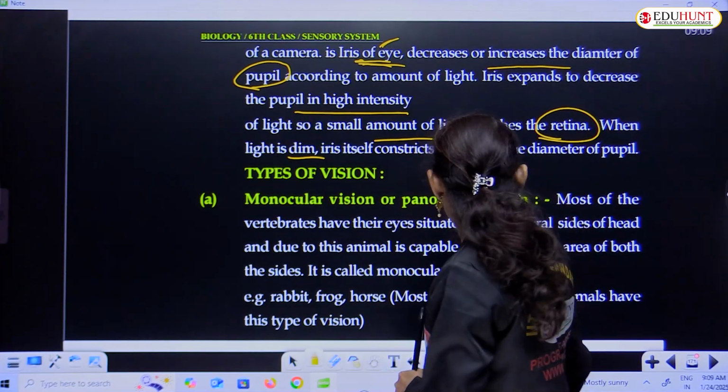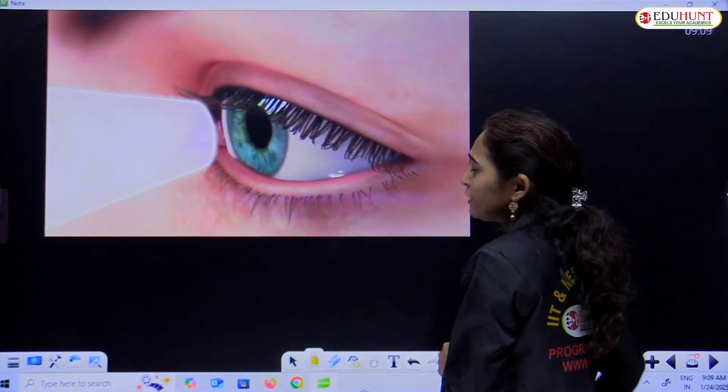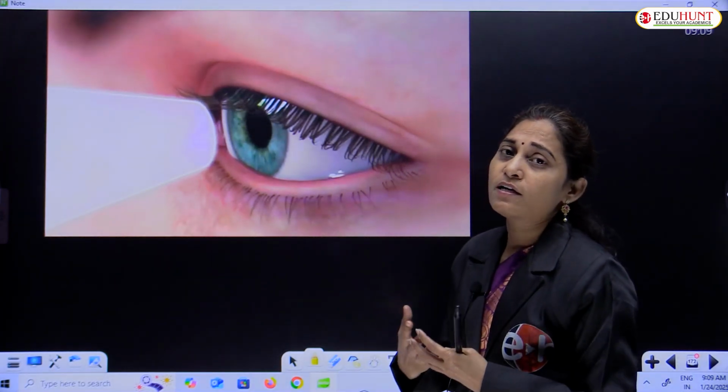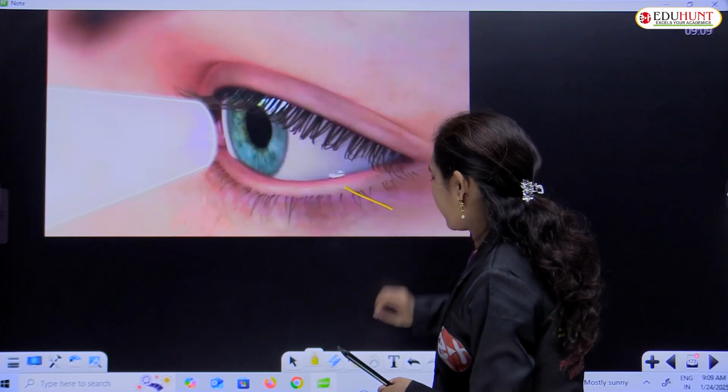Let us see the video which explains how light falls on the eye and what changes happen in the working of the eye.